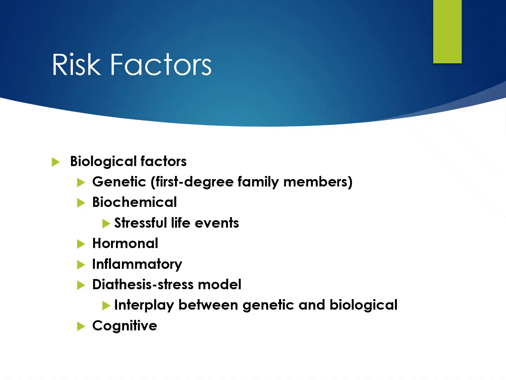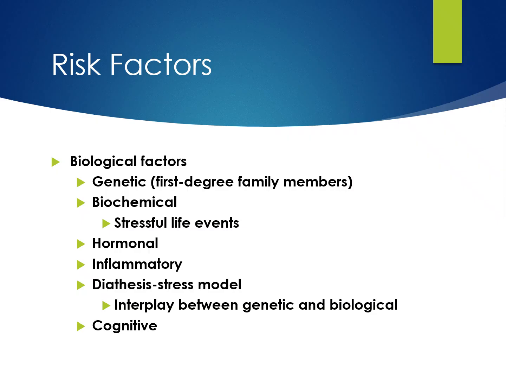Risk factors. Several biological factors increase risk, things like genetics. Depression often runs in families. Biochemical factors, changes in the brain, like neurotransmitters such as serotonin, norepinephrine, and dopamine. Stressful life events, things like divorce, job loss, or trauma in one's life.